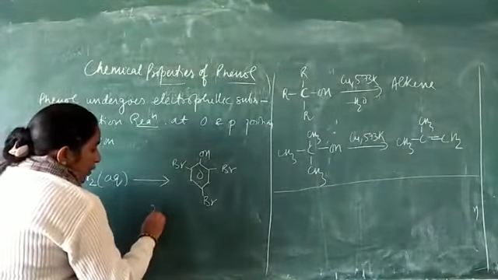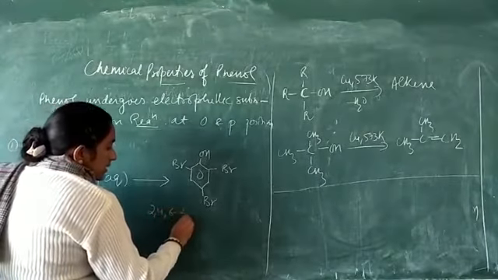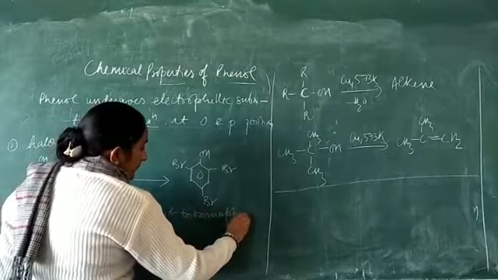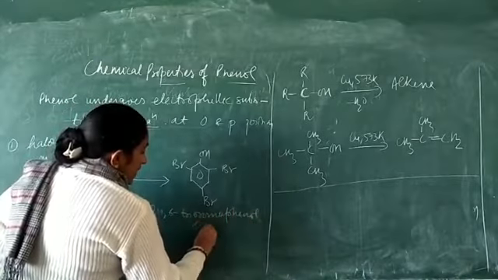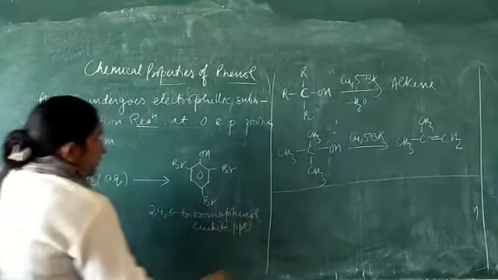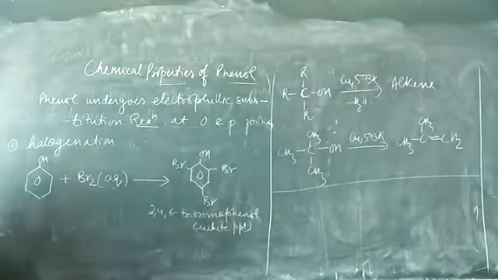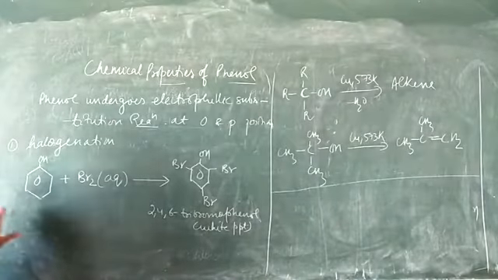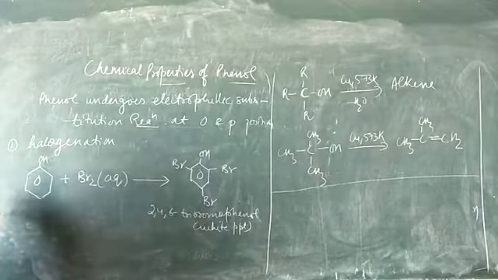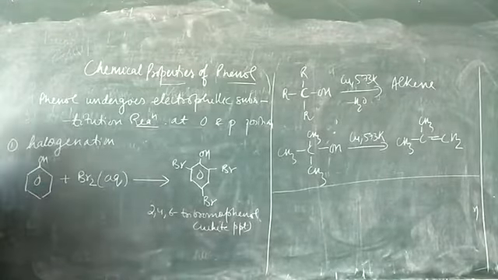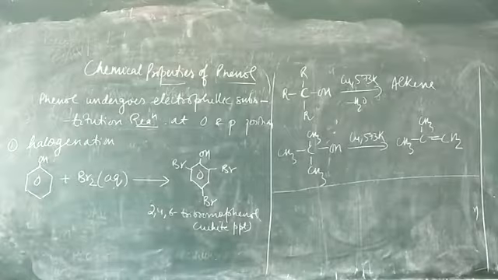And it forms 2,4,6-tribromophenol, which is a white precipitate. This is also used to distinguish phenol from alcohol, because alcohol will give no reaction with bromine water, whereas there will be white precipitate formation when a phenol reacts with bromine water.